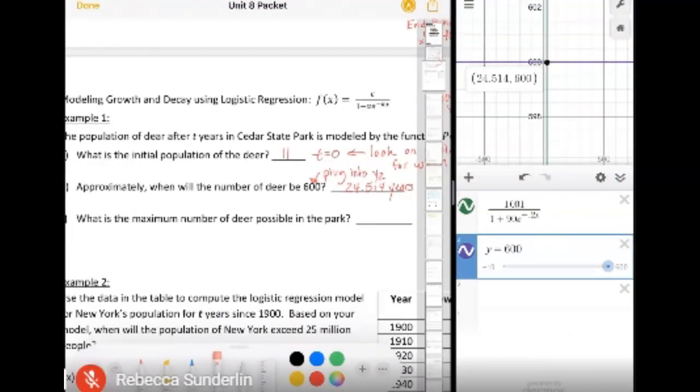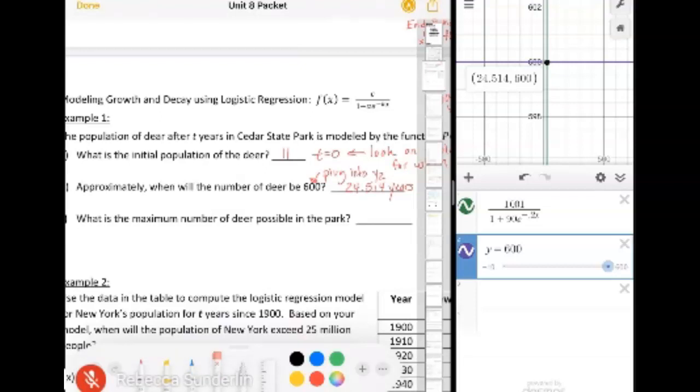What is the maximum number of deer possible in the park? We've already gone over this a couple of times now. What is the maximum possible population in this example?